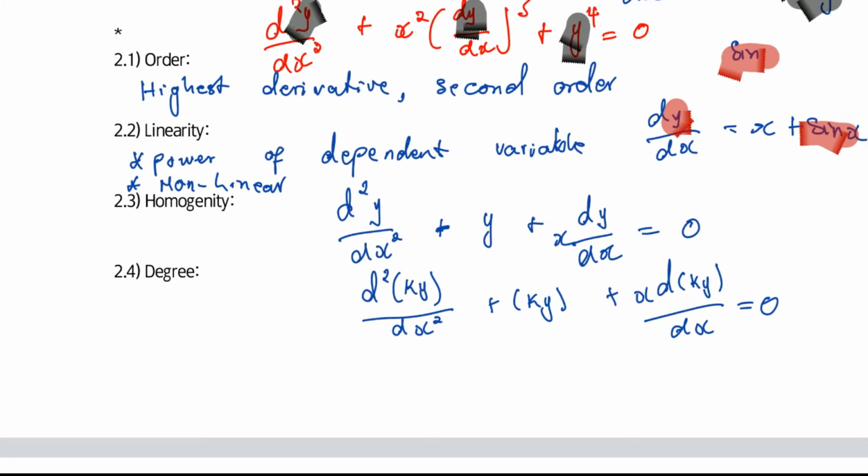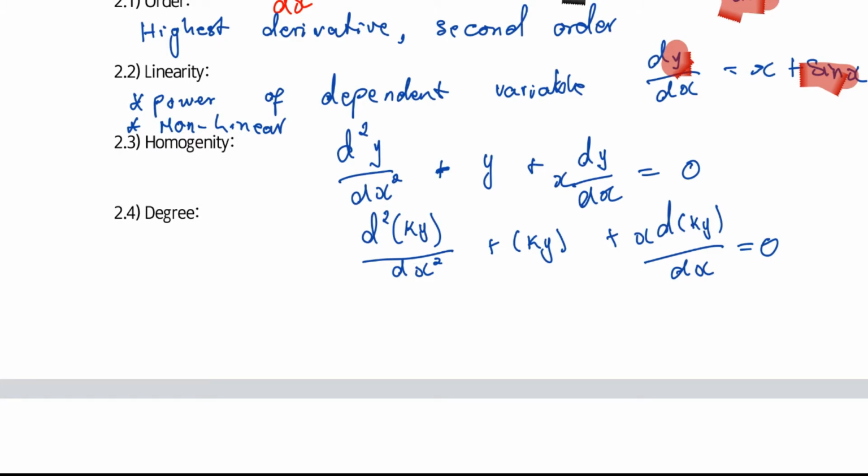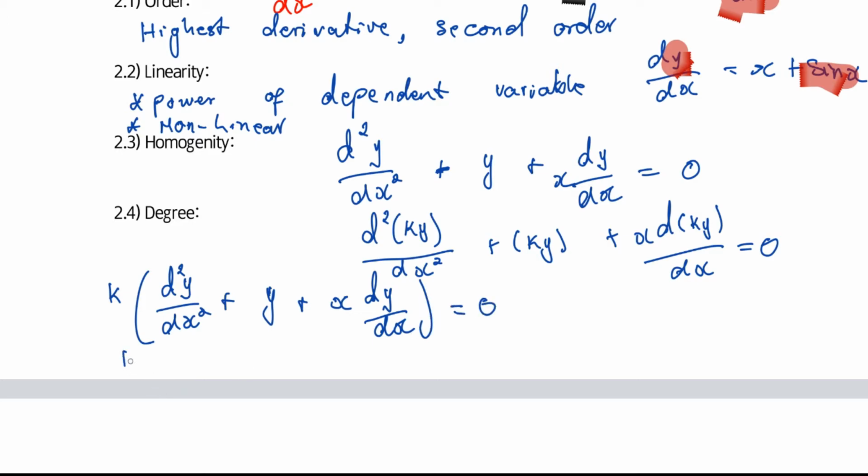When you solve this, what you're going to get is we take k out, so this is going to be d squared y divided by dx squared plus y plus x dy over dx, which is equal to 0.